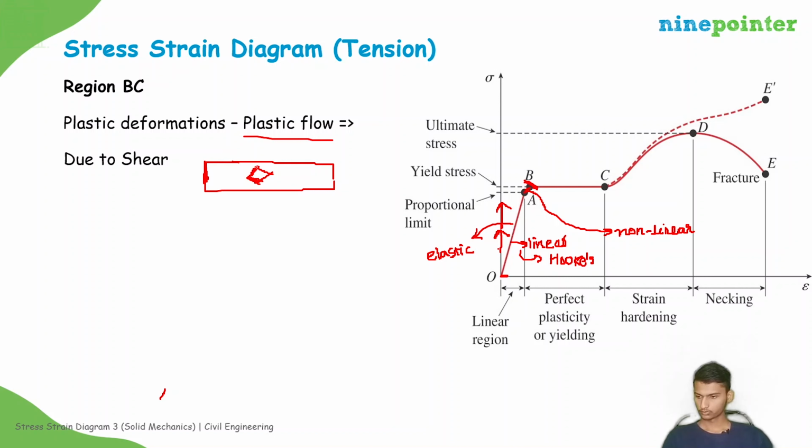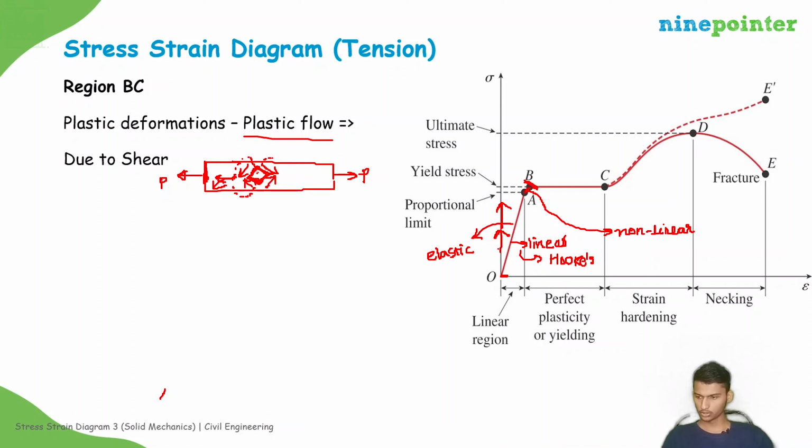It is a 45-degree plane. And the shear stress in this plane will be like this, right? If you consider these two forces, it is trying to move the particles in this direction.